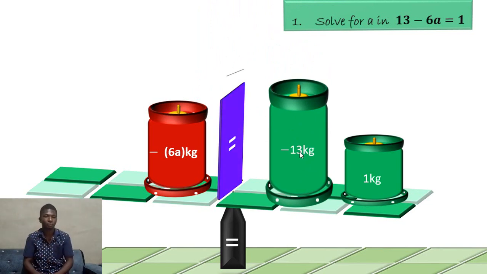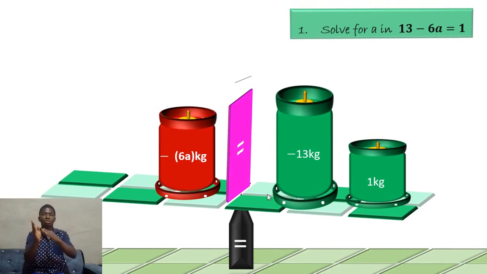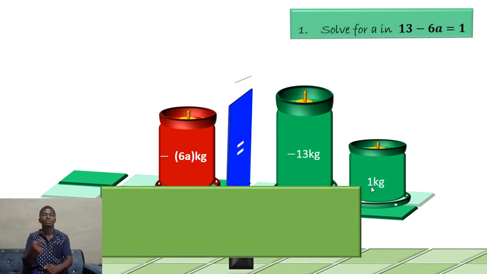I believe that is understood. So now you have minus 6a kg equals minus 13 kg plus 1 kg. So let's address that mathematically. So here is minus 6a, and here is our equality sign, then equal to minus 13 plus 1.